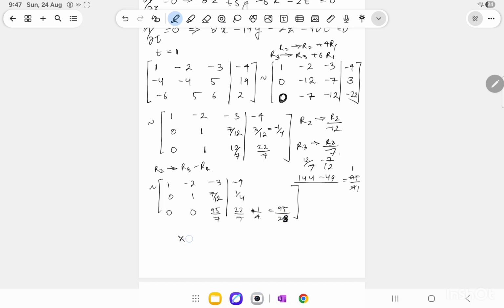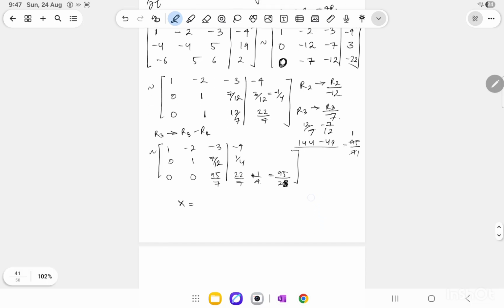So I got my Z as 95 by 28 into 12 into 7 by 95, so which is basically equals to 3. So my Z is equals to 3, and from here I can calculate my Y as 1 by 4.